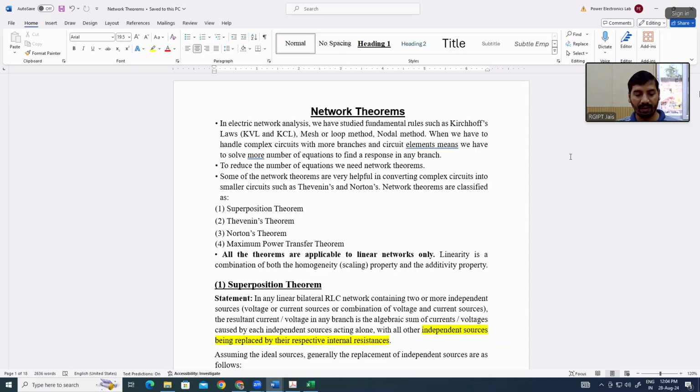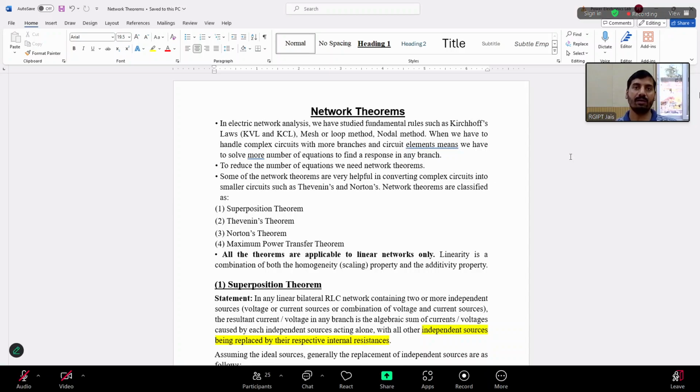The difficulty when we talk about node analysis and mesh analysis is that we have to write the equations based on the number of meshes or the number of nodes, right?